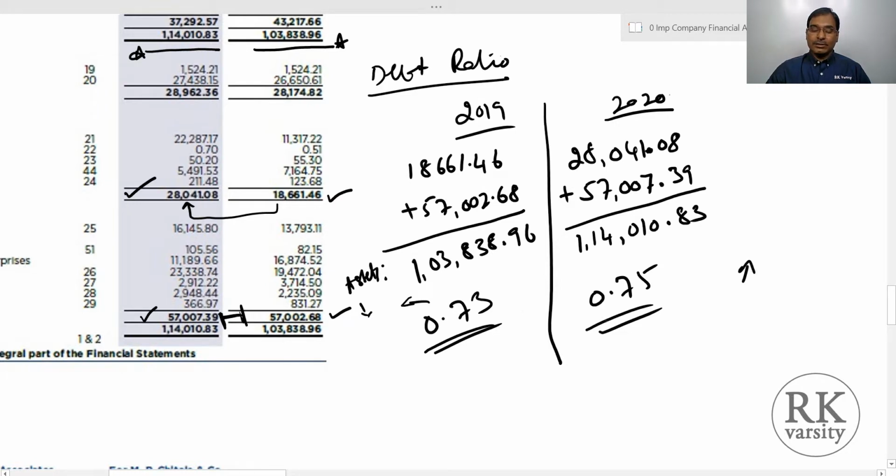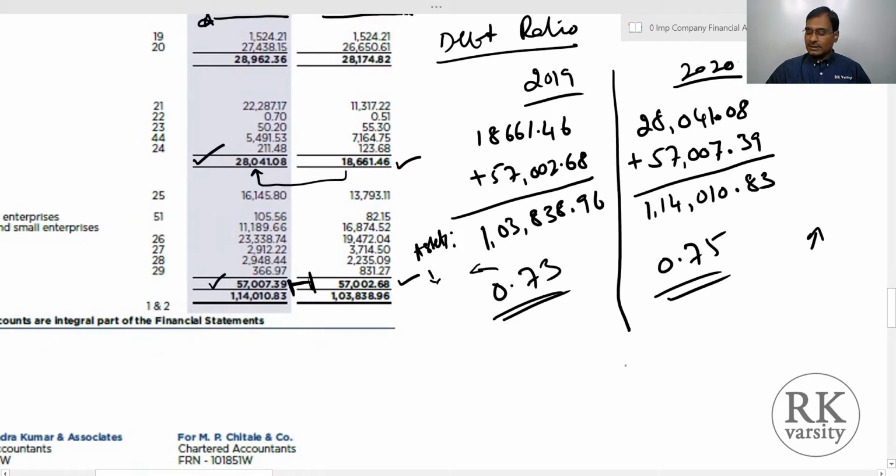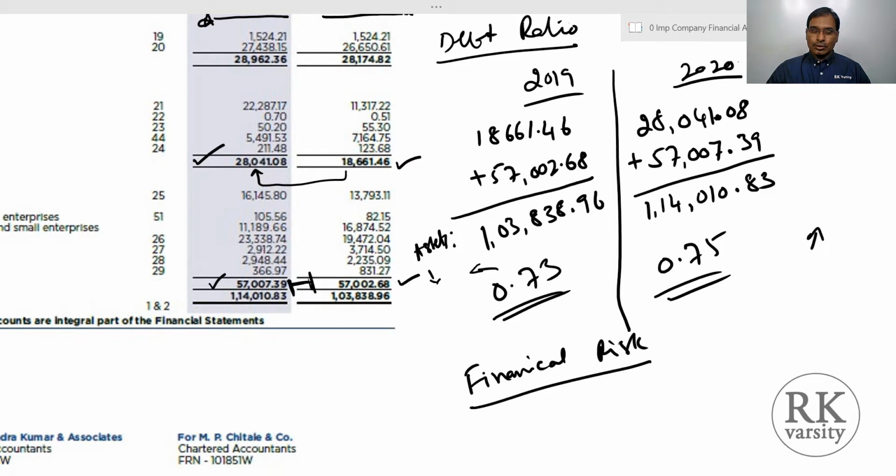That means during this financial year 2020, the company has borrowed more funds. Now this shows a highly leveraged company, and this indicates that the company has got a high financial risk, in the sense, as long as the revenues of the company are good, and the economy is in growth, then it will not create any problem for this company.